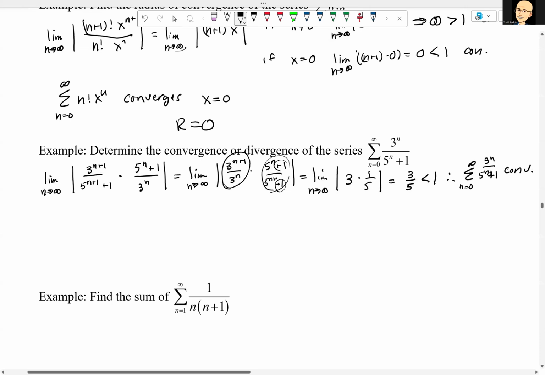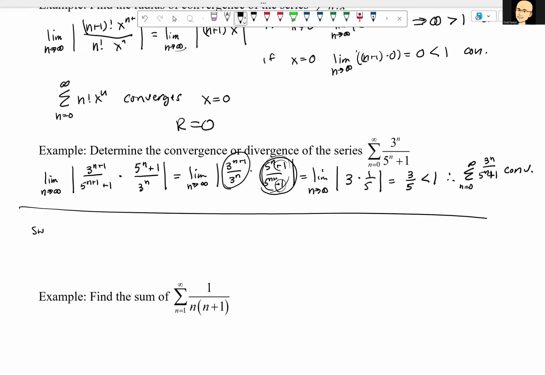By the way, if it's not clear, let's just do a little side work here. If it's not clear that this goes to 1/5, perhaps we could recognize that this is indeterminate in the form of infinity over infinity, and therefore L'Hopital's rule applies.